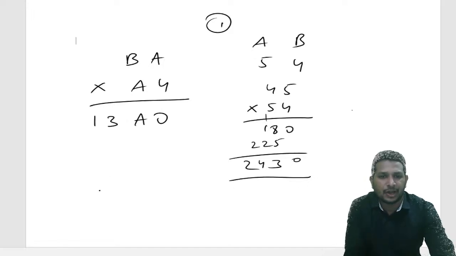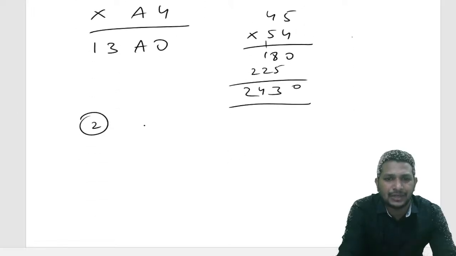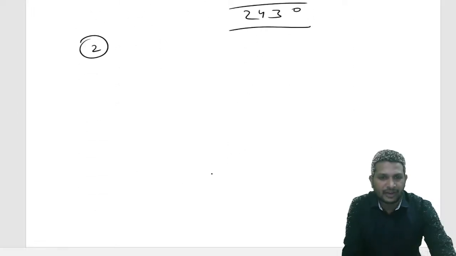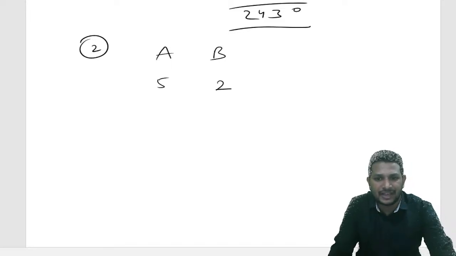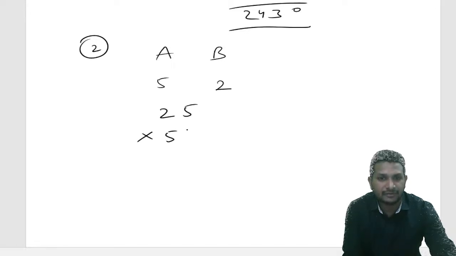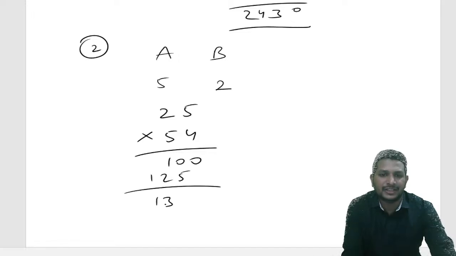After option 1, let's check option 2. In option 2, they gave the values as 5 and 2. So let's substitute those values now. If I substitute 5 and 2, what do I get? 25 multiplied by 54. 100, 125. 1350.